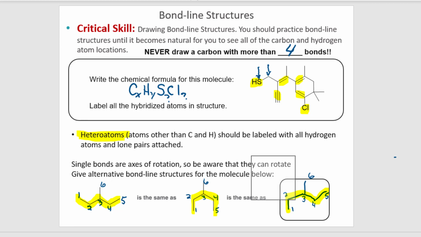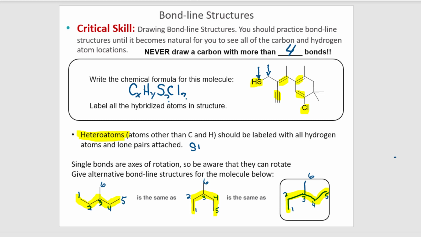Single bonds are made up of sigma bonds, right? Single bonds are sigma bonds. This means that you've got head-on overlap, like a barrel, the overlap of the two orbitals.